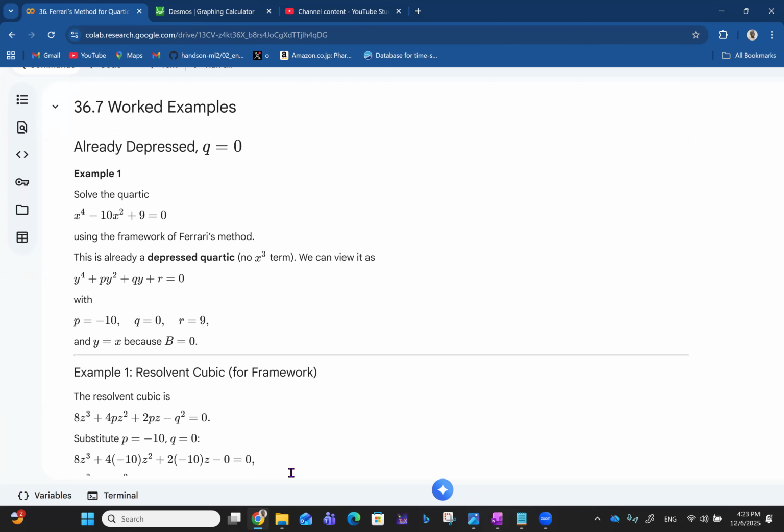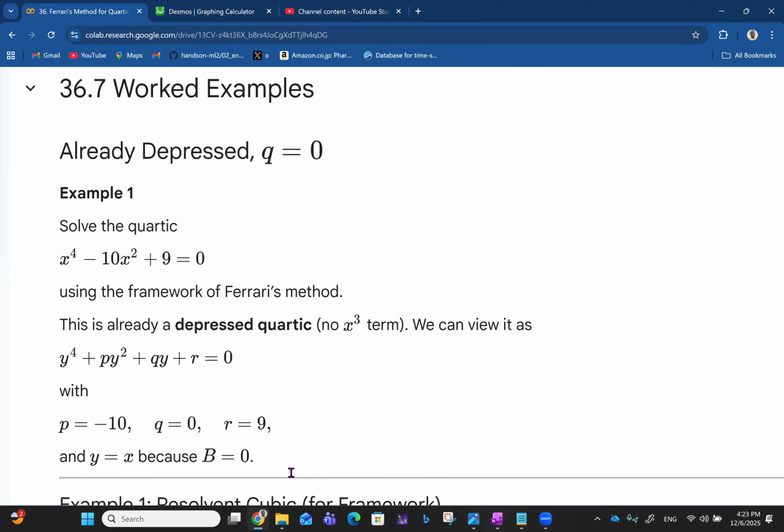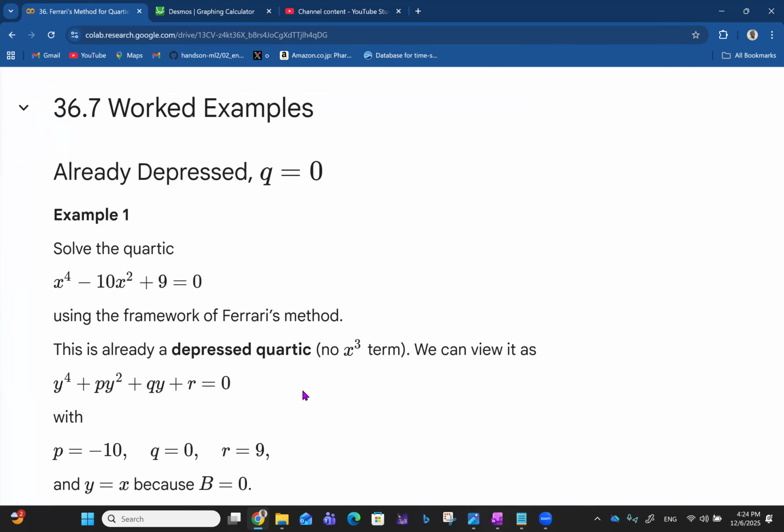So, worked example now. Suppose you have an already depressed case where q is equal to 0. In this case, solve the quartic x raised to power 4 minus 10x squared plus 9 equals 0 using the framework of Ferrari's method. This is already depressed, so you don't worry about substituting x equals y minus b over 4. It's a depressed quartic, no x cubed term.